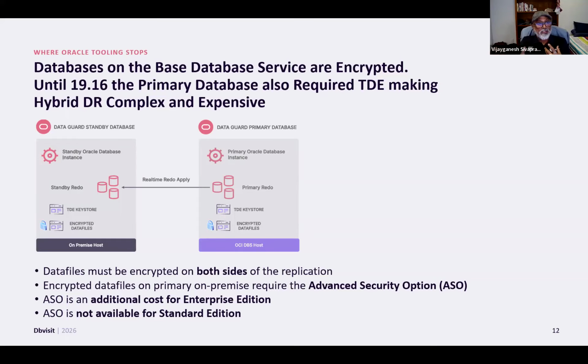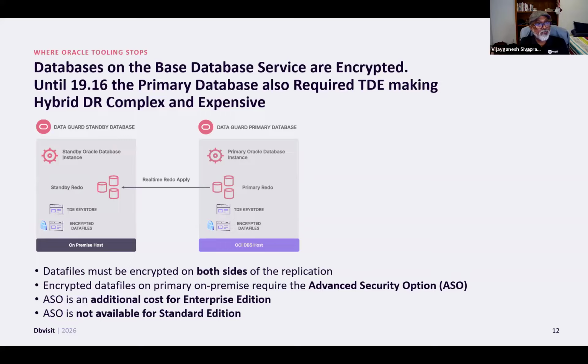Because the data files have to be encrypted on both primary and standby, when you're encrypting your data files on your primary, which is an on-premise environment, you need an ASO license, which is Advanced Security Option. And this is available only for Enterprise Edition. The ASO license is not available for Standard Edition to be purchased. So this is very, very important.